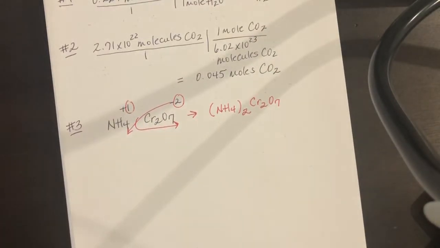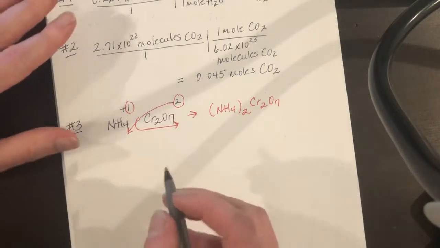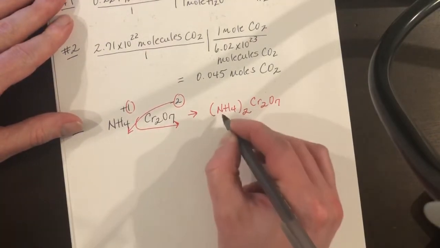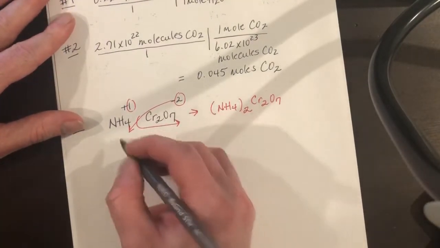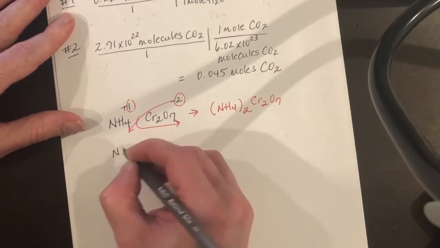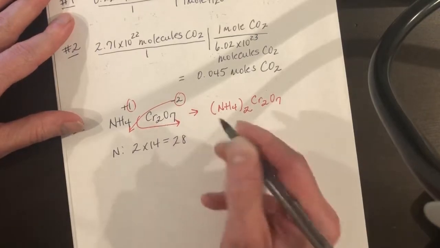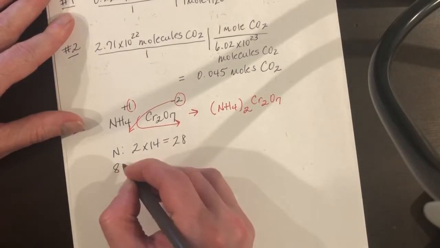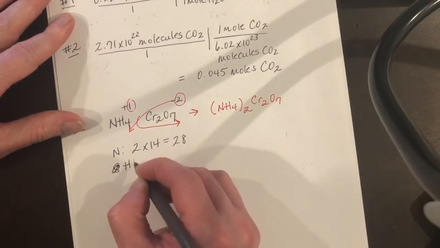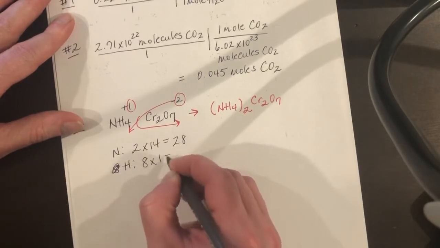Now, when we go to do the formula weight, we count: there are 2 nitrogens at 14 each. I have 8 hydrogens at 1 each.